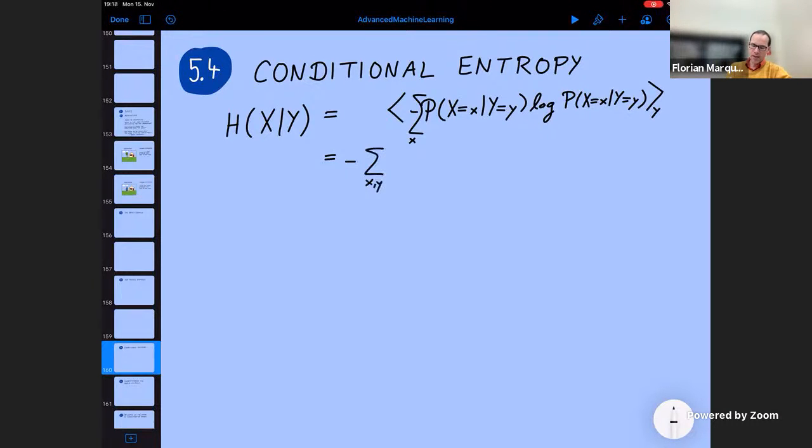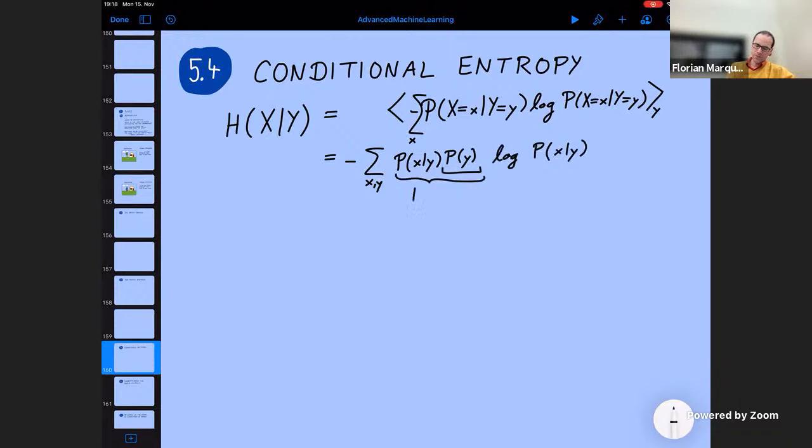Now, if I want to write this explicitly, I would say this is minus the sum over x and y, the conditional probability, times p of y, which comes from the average over y, times a log of the conditional probability. And so these two terms together, of course, you recognize as the conditional probability times the probability of what I am conditioning on.